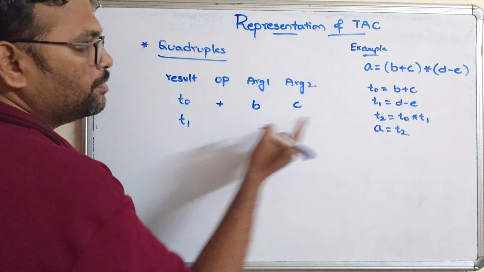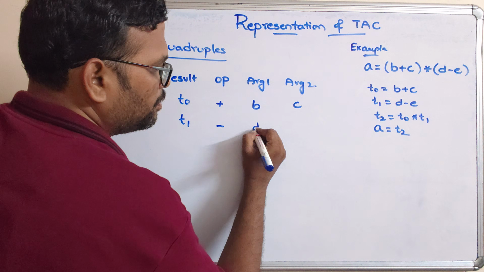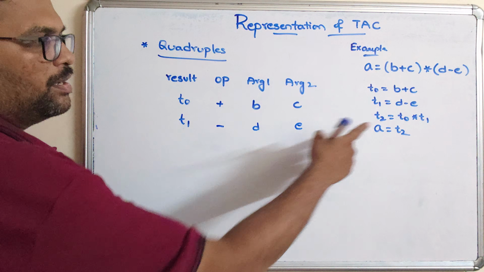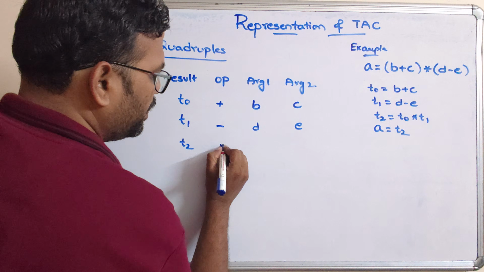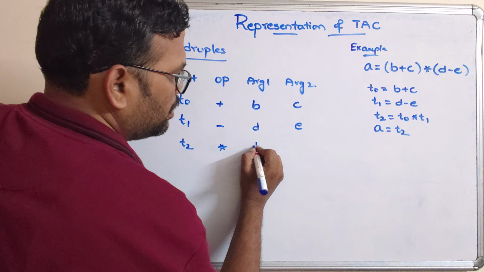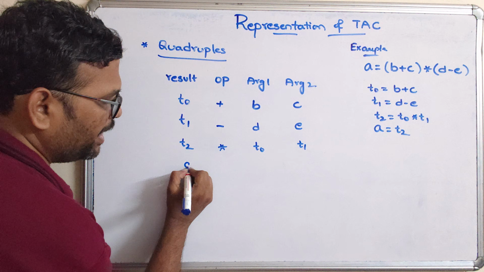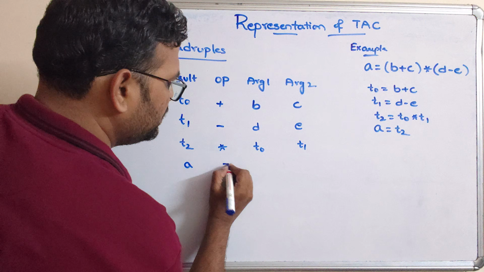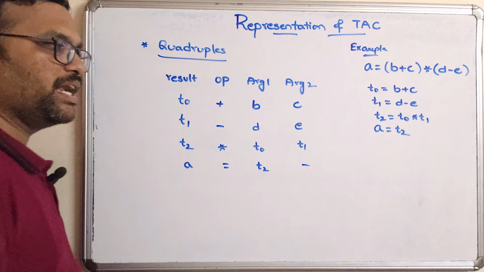Result t1, minus, this is a subtraction, arguments d and e. Next t2, the operator is star, with t0 and t1. Next the result is a and the operator is equal to, argument 1 is t2 and there is no second argument.